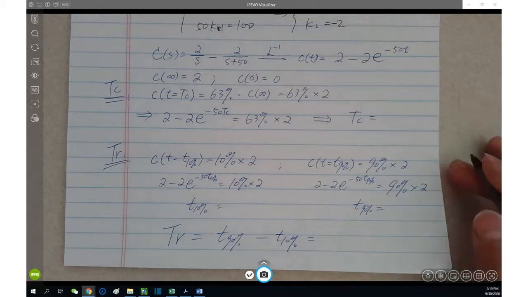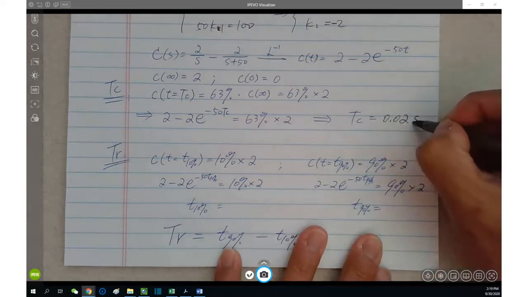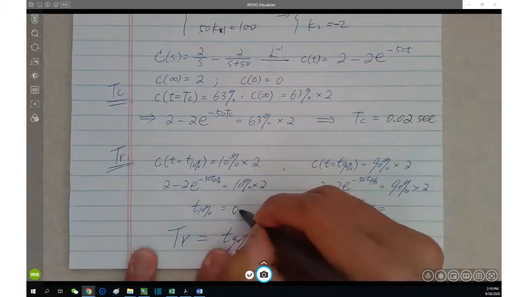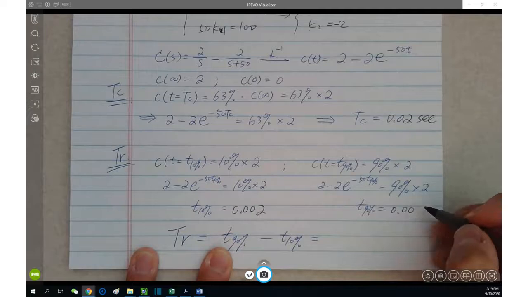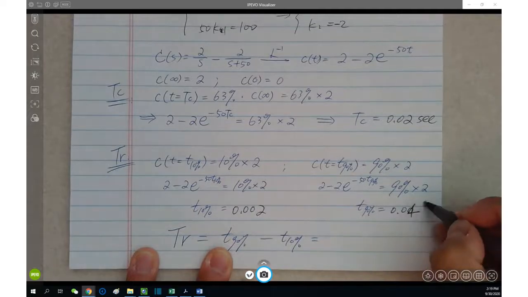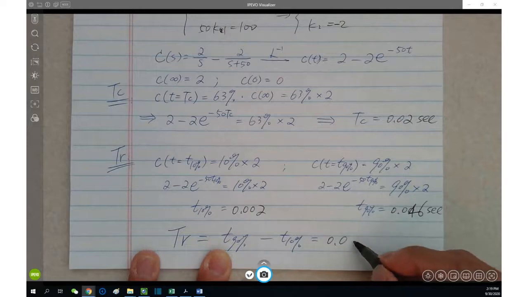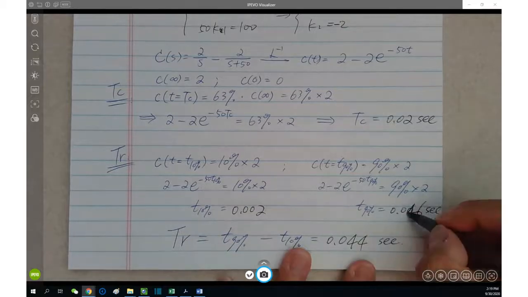The rest is algebra, but I'm presenting the answer here for you to check and make sure you got the right answer.